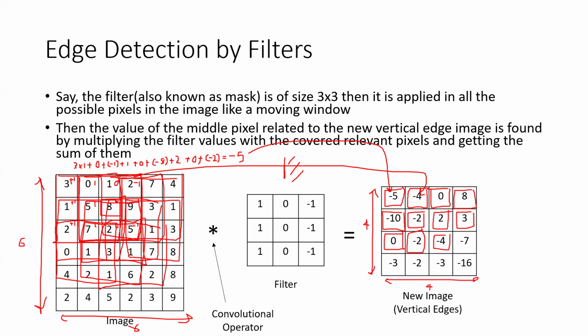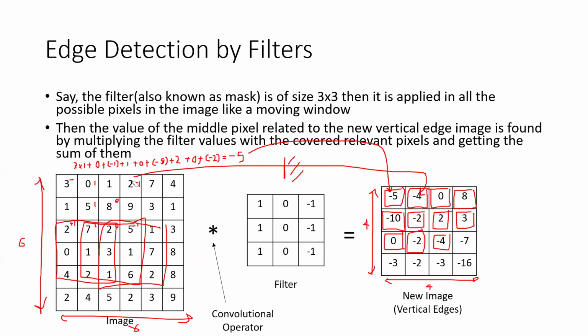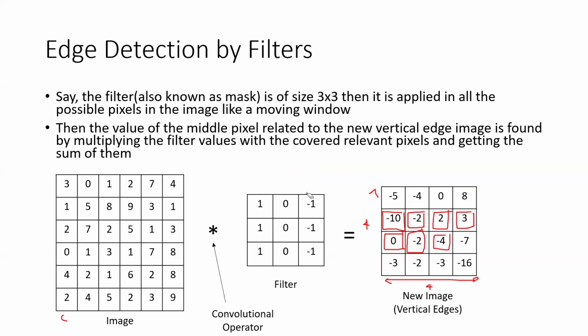So once you have applied this filter to this image, you have lost some information. Why did we lose this information? Just think about it. Why has the image shrunk to a smaller size once you have created the edge image compared to the original image?